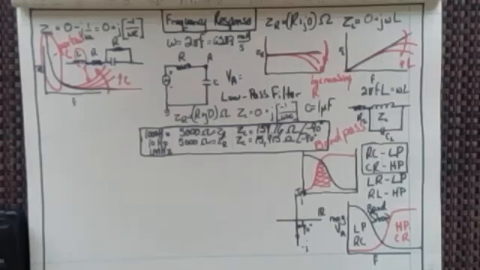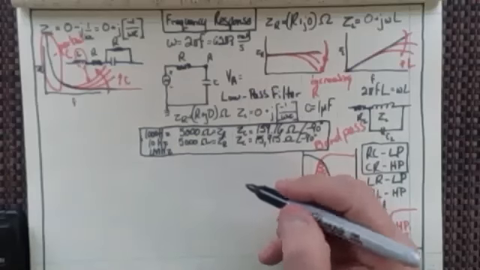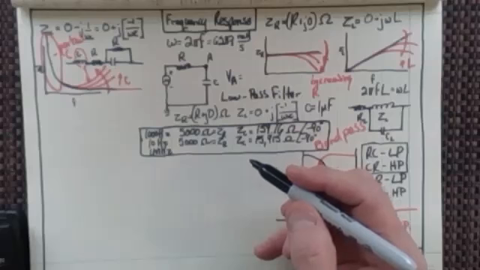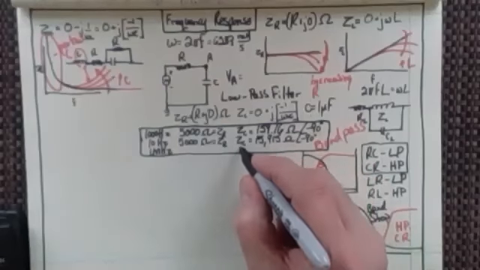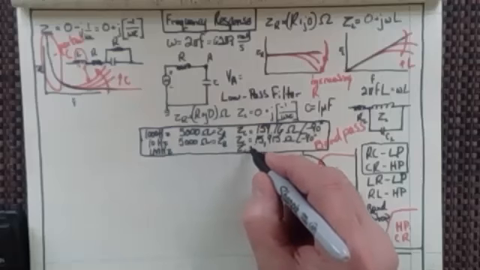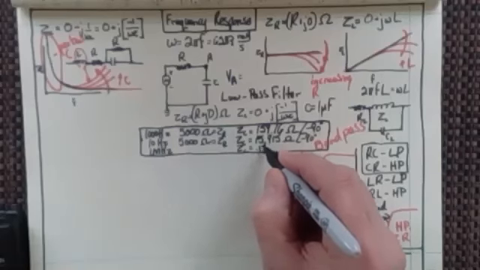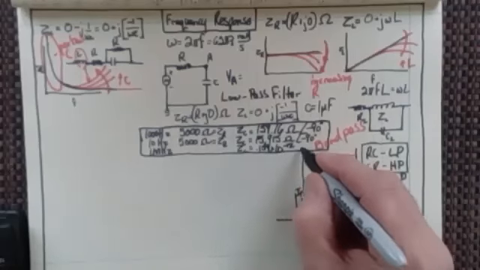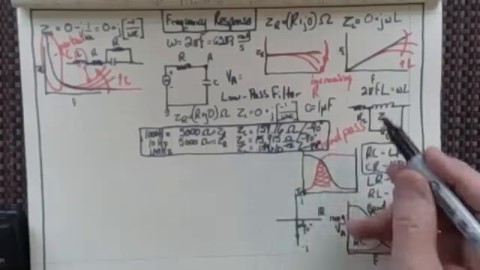Times C. Oh yeah, no, I'm right. Yeah, 1 exponent 6, sorry. And then 1 over that gives me 0.159 times 10 to the minus 12, so 0.159 times 10 to the minus 12 at minus 90 degrees.